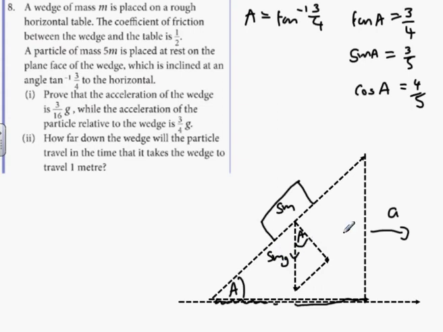What's this one then? 5mg cos A. 5mg cos A is 4mg. And then the other one is 5mg sine A, otherwise known as 3mg.